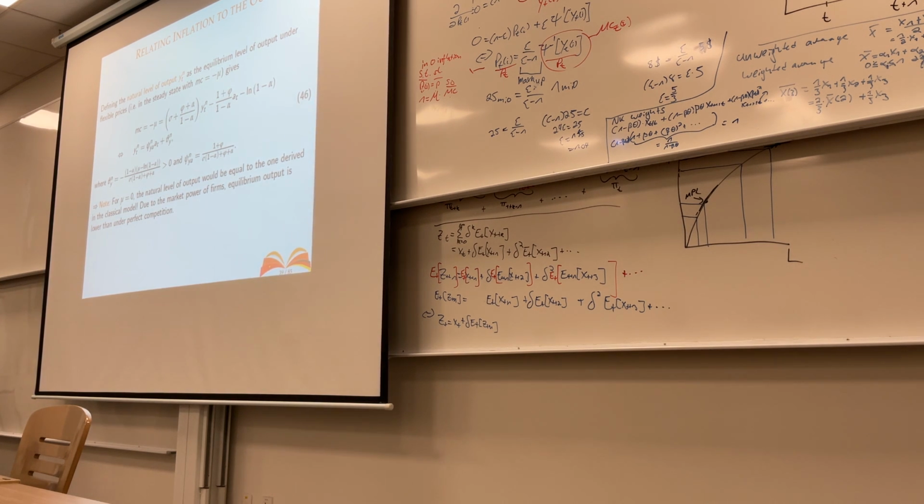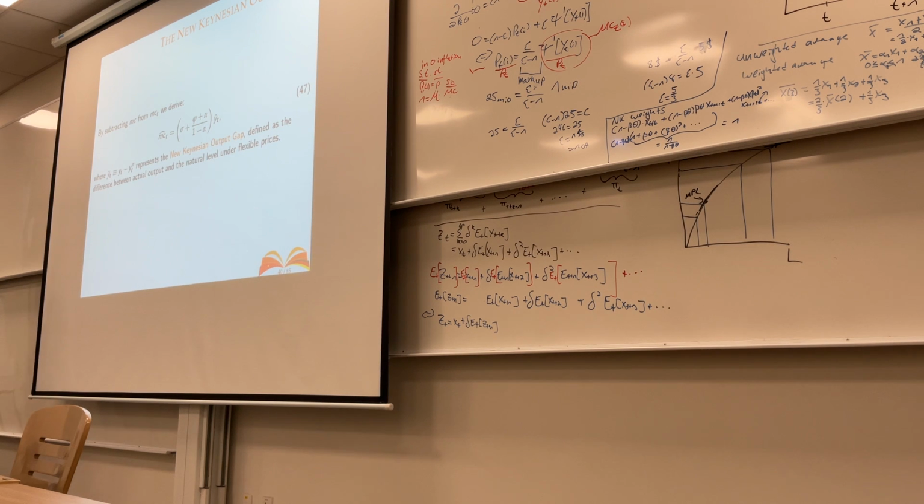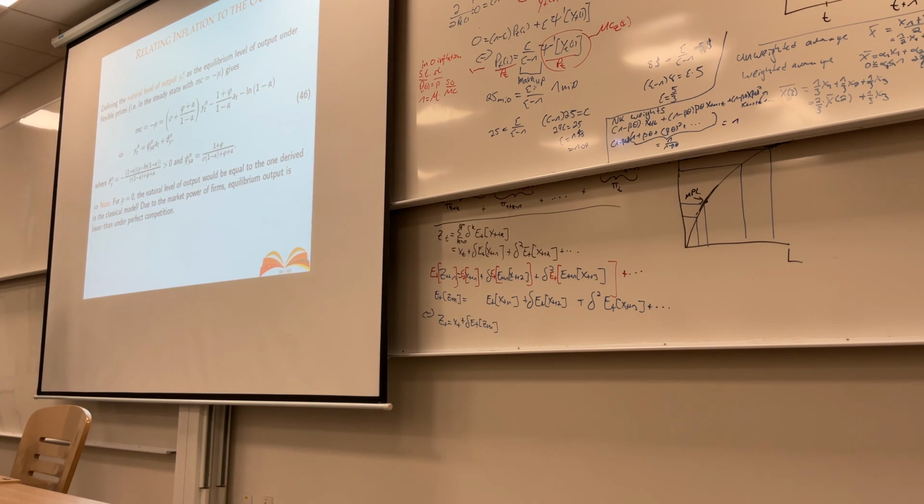Monetary policy usually doesn't get involved in competition between firms. We're going to keep heading towards the goal of monetary policy. All right, now we can relate our marginal cost deviation from the constant level. Right? The constant level is the same thing as related to this natural level of output.